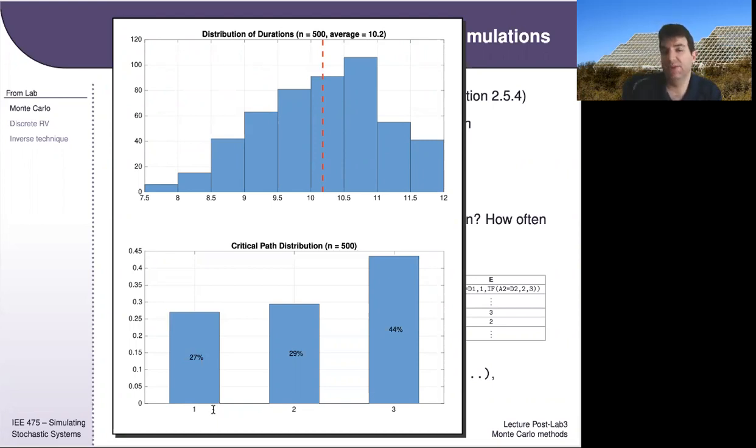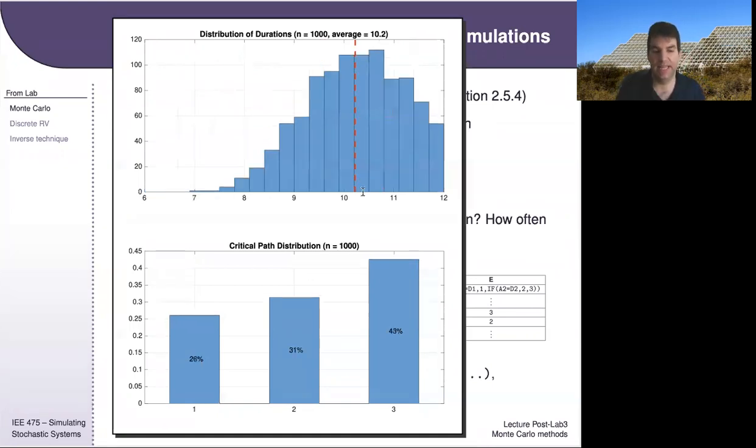Or you might have expected the one where you're adding up times to take the longest. But interestingly enough, the one where you're adding times is more often the shortest one, or I'd say least often the longest. And the one where you're just drawing a random number between 6 and 12 is the one that more frequently drives the total activity time, taking the longest.